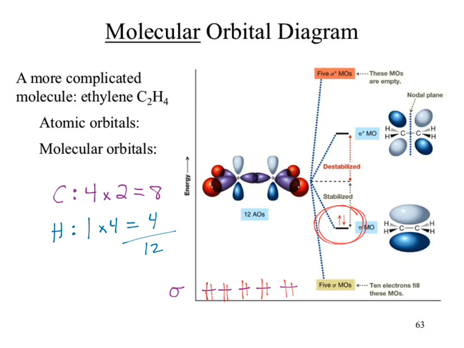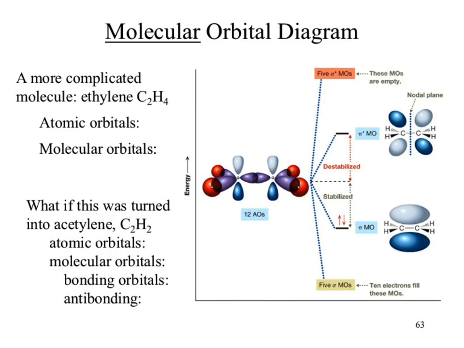Okay? What happens if I say switch to something like acetylene? How many atomic orbitals would go into a picture of acetylene? So we looked at acetylene, C2H2.